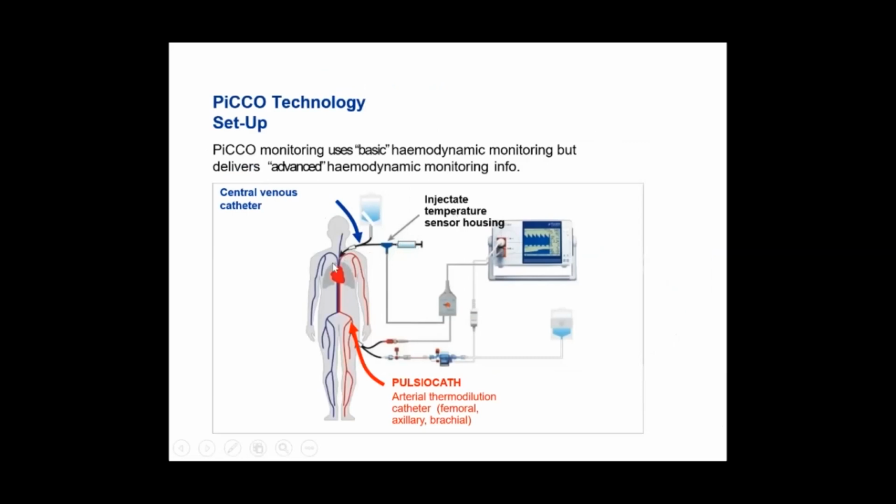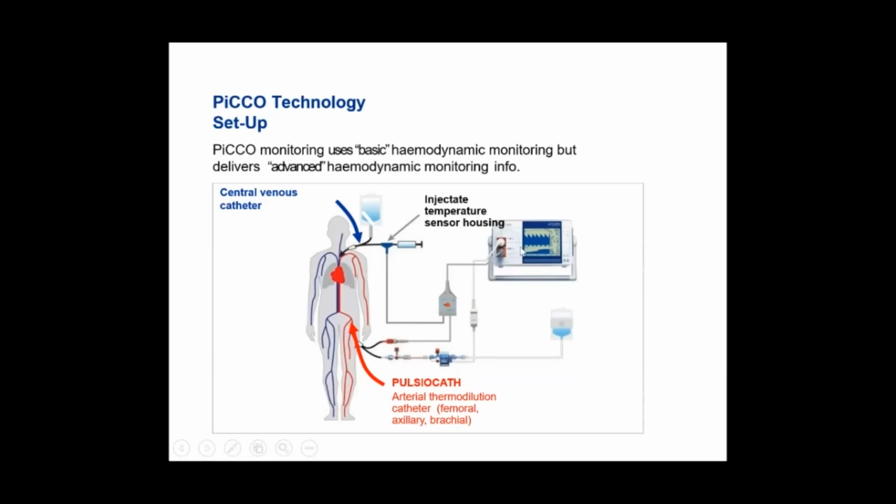Then we use cold saline as the injectate, which goes into the right side, then the pulmonary circulation, then the left side of the heart, then the arterial or the systemic circulation. And we have here an arterial catheter, the Pulsiocath, an arterial thermodilution catheter, usually in the femoral artery. If for some reason we cannot cannulate this, we can use an axillary or a brachial one.